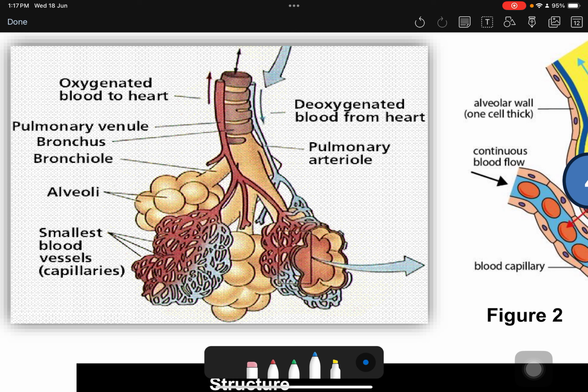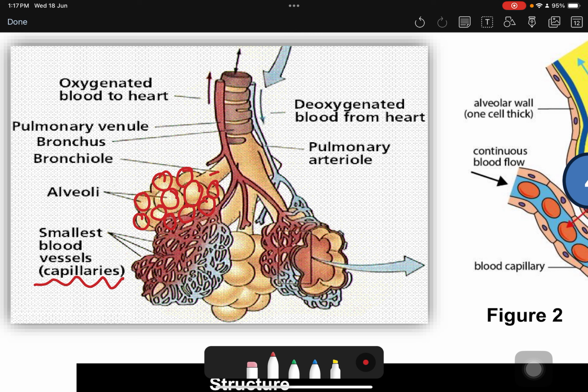At the end of each bronchiole is this grape-like structure, like a bunch of grapes. And this alveoli is surrounded with a lot of capillaries to facilitate the exchange of oxygen and carbon dioxide, so that it can be directed back to the heart, so that it can be removed when you breathe out.